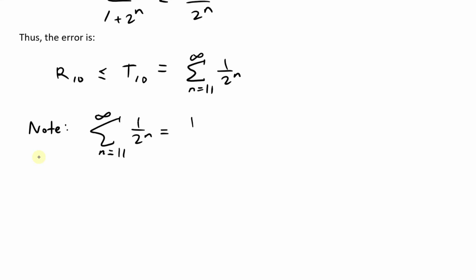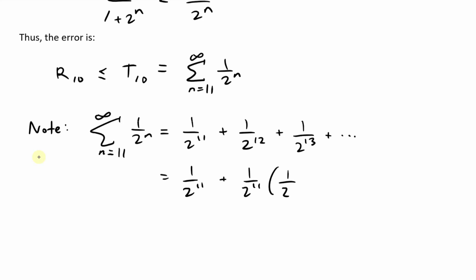This equals 1 over 2 to the power of 11 plus 1 over 2 to the 12. So the next one is 12. And then plus 1 over 2 to the 13, plus so on. It keeps going on and on. This just equals 1 over 2 to the 11, plus 1 over 2 to the 11 times 1 over 2, plus 1 over 2 to the 11 times 1 over 2 squared, and so on.